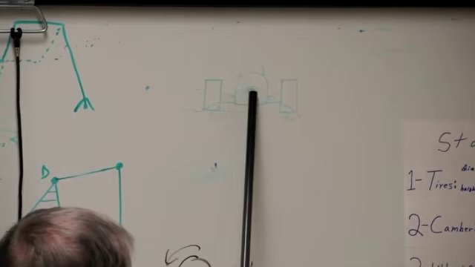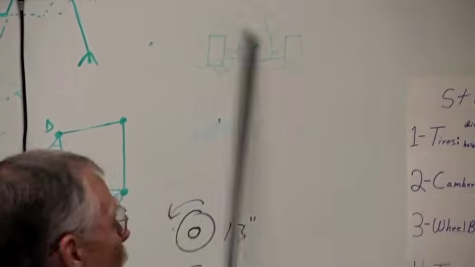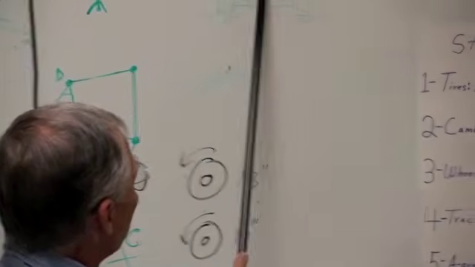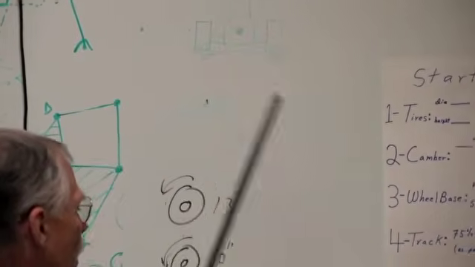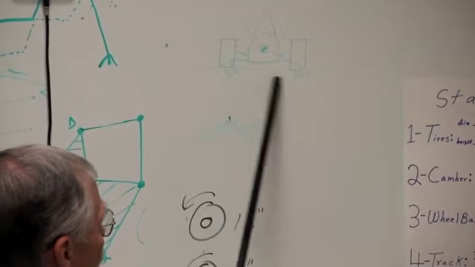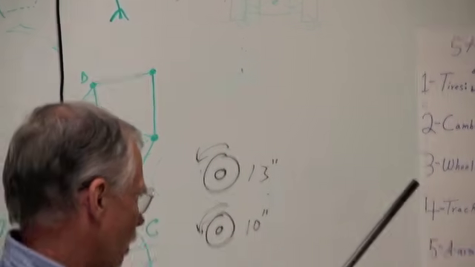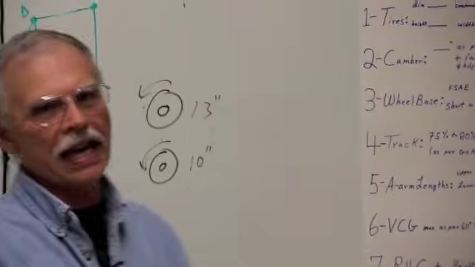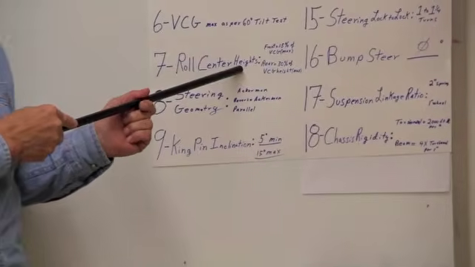That's the highest the center of gravity can be allowed to be, or else it will not pass the tilt test. This distance here is your maximum for vertical center of gravity. Very simple to lay out and calculate. Nothing to it. Now, once you get that dimension, then you can go to number 7, roll center heights.